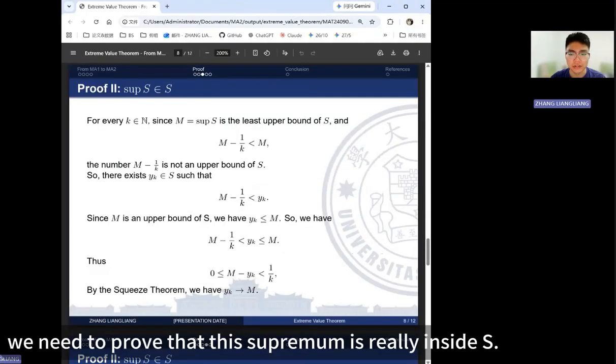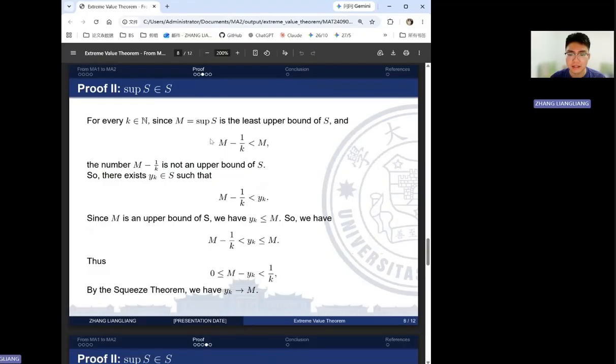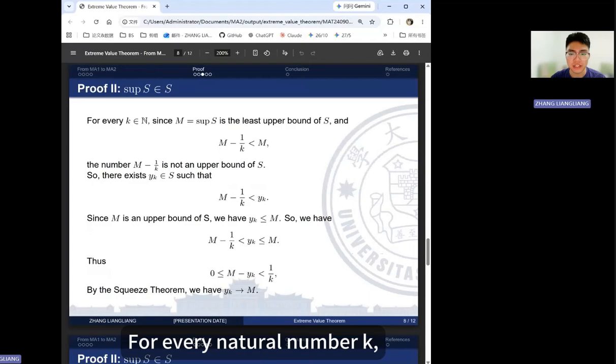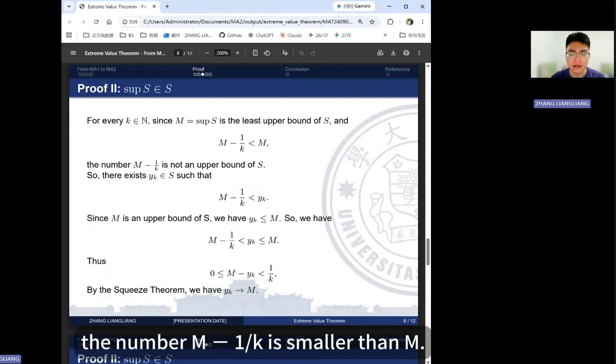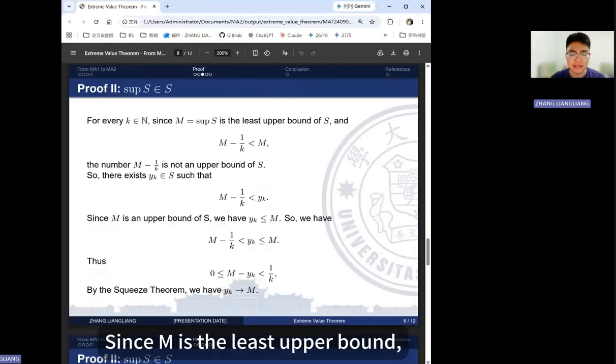Next, we need to prove that the supremum is really inside S. This is the key step. For every natural number k, the number M minus 1 over k is smaller than M. Since M is the least upper bound, M minus 1 over k cannot be an upper bound.